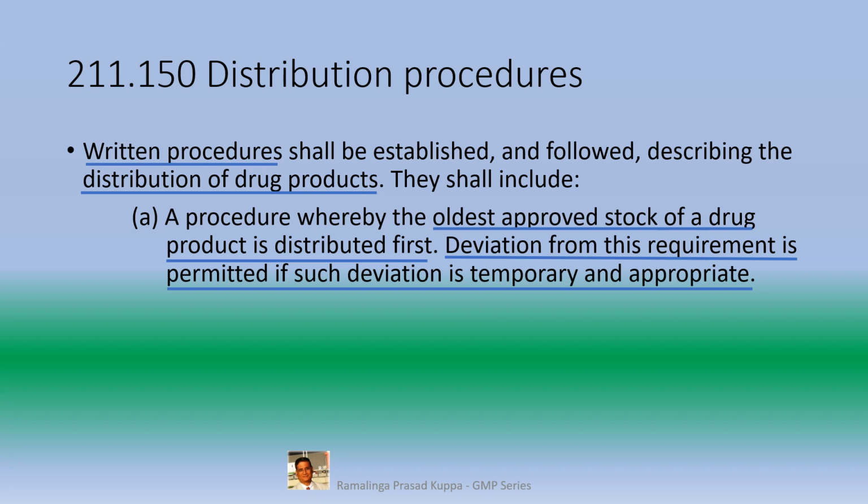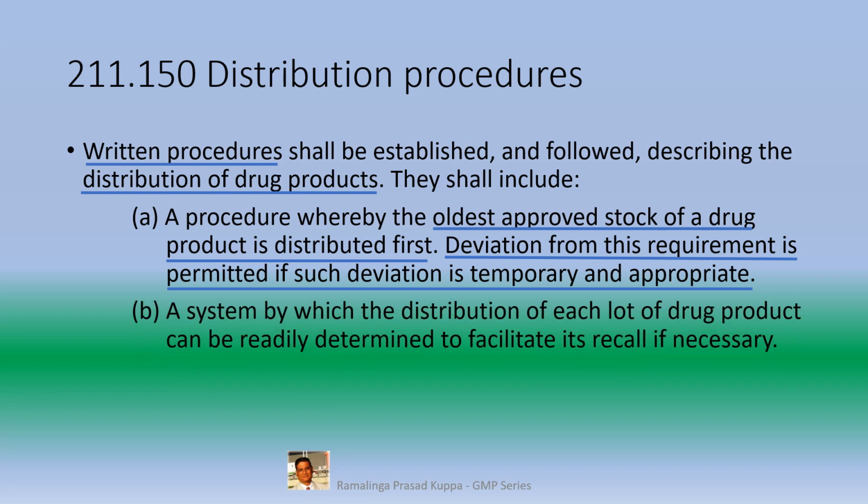The intent is that the longer the product is stored at the warehouse, the more it loses its expiry date in the storage area itself. This is only the intent of this requirement. So, at the soonest opportunity, the stock should be distributed. Some deviations may be allowed, but it should be justified scientifically.